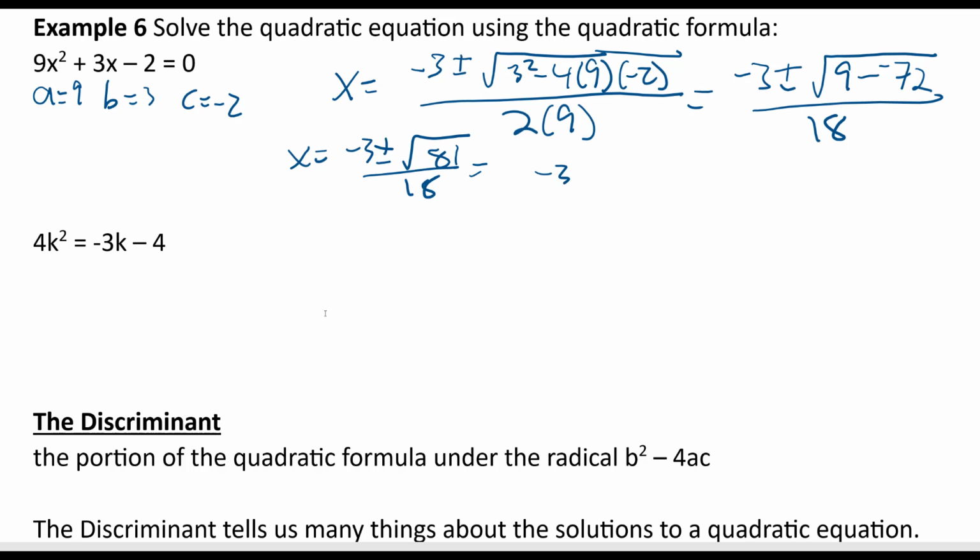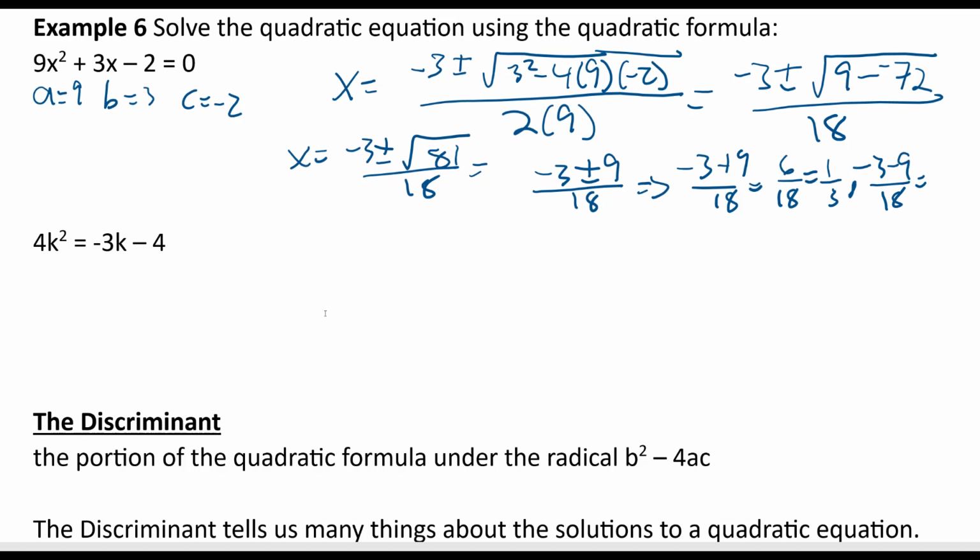So it's negative 3 plus or minus the square root of 81, which is 9, all over 18. So we have two answers. Negative 3 plus 9 over 18 is 6 over 18, which is 1/3. Negative 3 minus 9 all over 18 is negative 12 over 18, which is negative 2/3. So our solutions here, our x, would be 1/3 and negative 2/3.